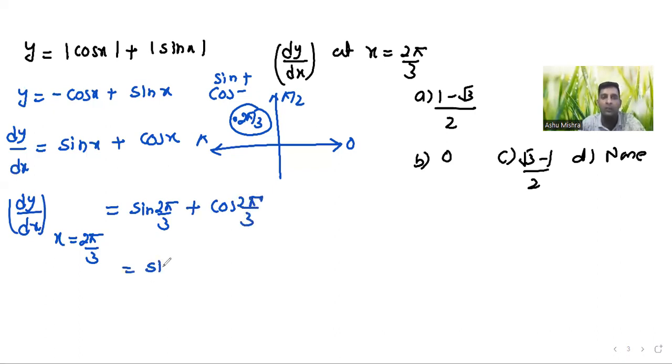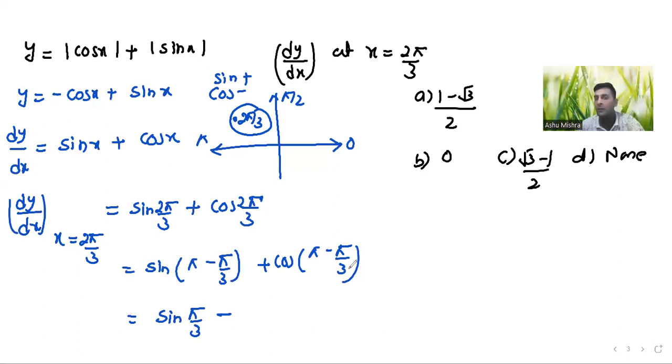That means you can say sine of pi minus pi by 3 plus cos of pi minus pi by 3. Sine of pi minus theta is sine theta, so it becomes sine of pi by 3. Cos of pi minus theta is minus cos theta, so it becomes minus of cos pi by 3.